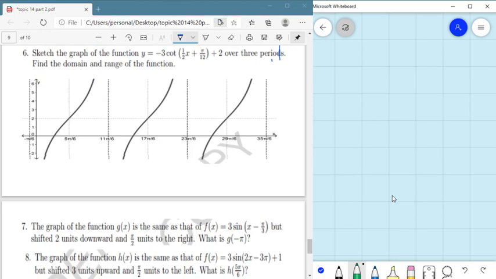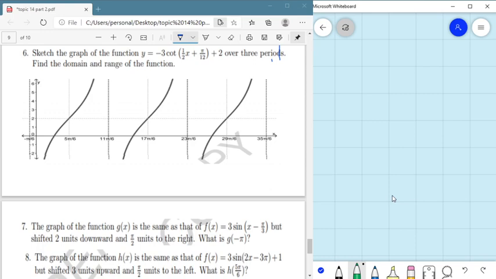Okay, number 6. Number 6 is we are going to sketch the graph of the function y equals negative 3 cotangent of 1/2 x plus pi over 12, plus 2, over 3 periods. So in this case, we are told to find the domain and the range of the function. To find the domain and range of the function, it is easier to graph it.